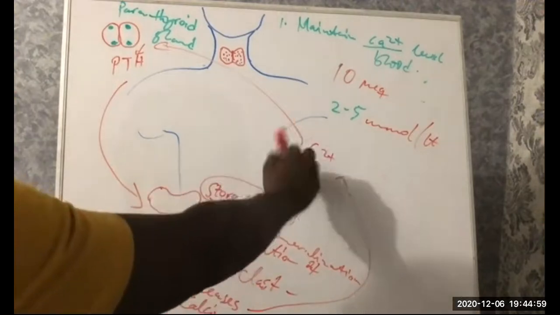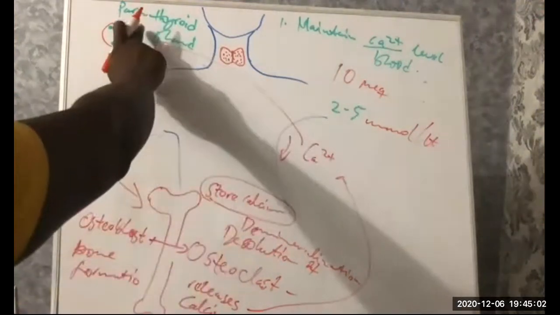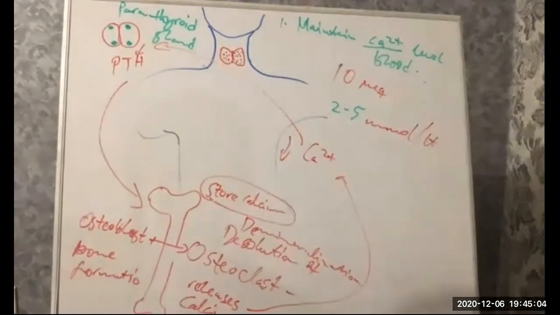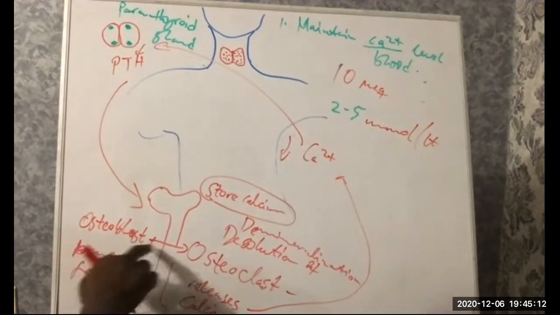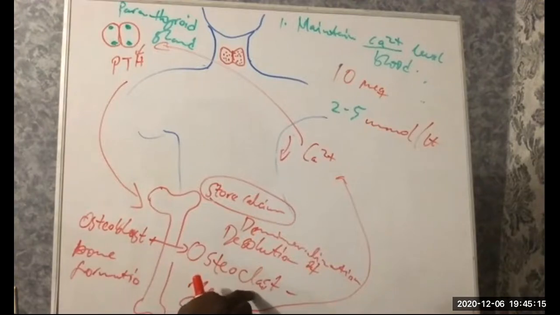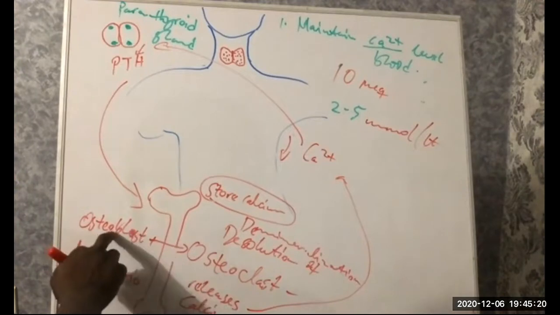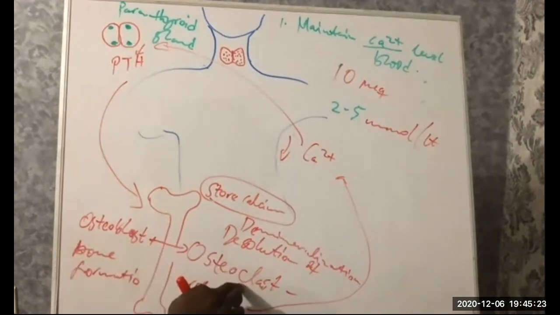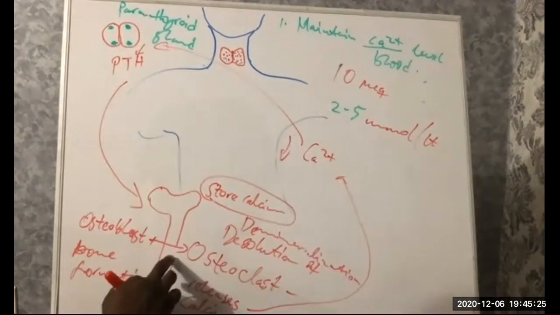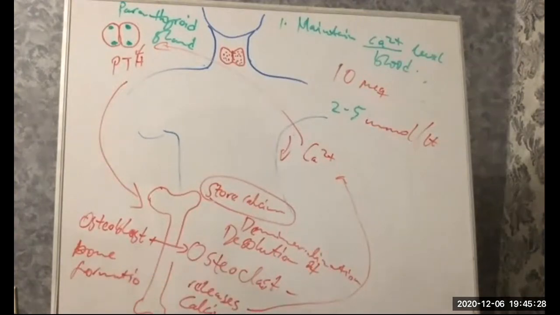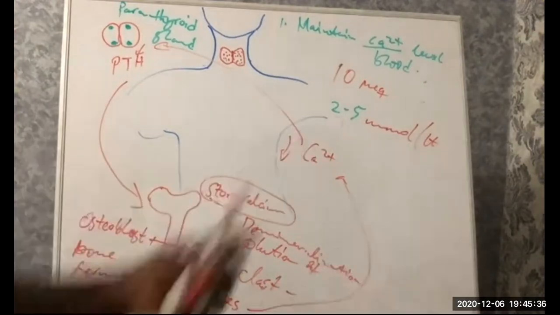Again, when calcium level in the blood is low, the parathyroid gland will detect it and release parathyroid hormone, which stimulates osteoblast, which in turn stimulates osteoclast to start dissolving the bone to release calcium. That calcium goes back into the blood, and the calcium level comes back to normal.